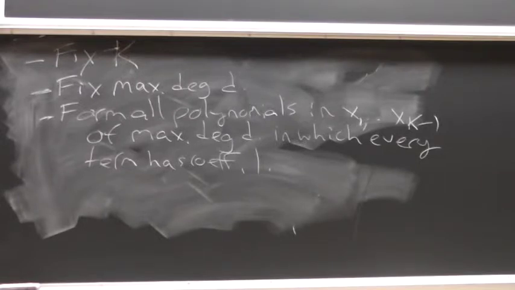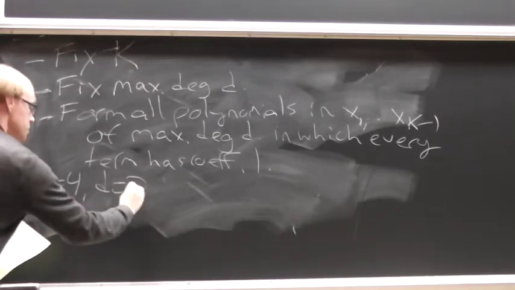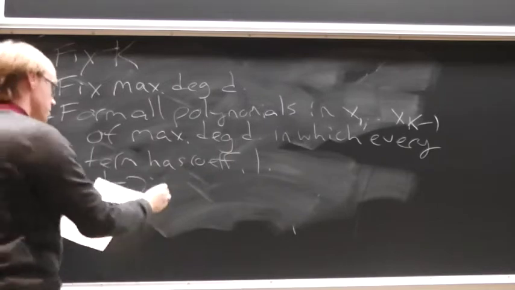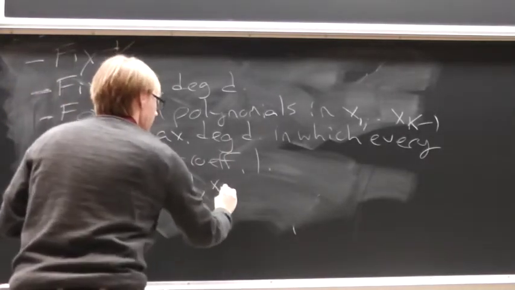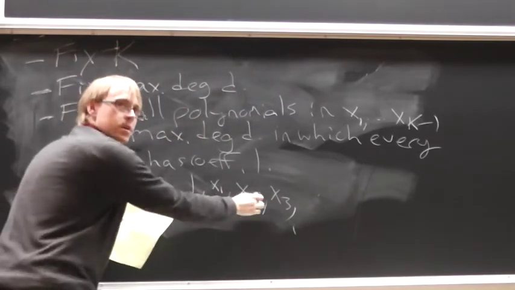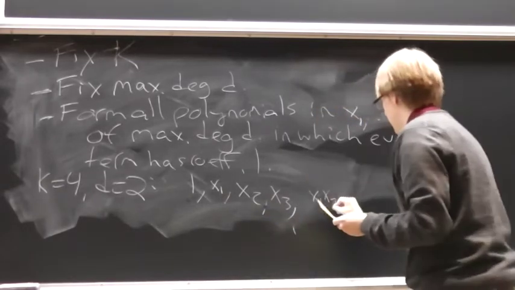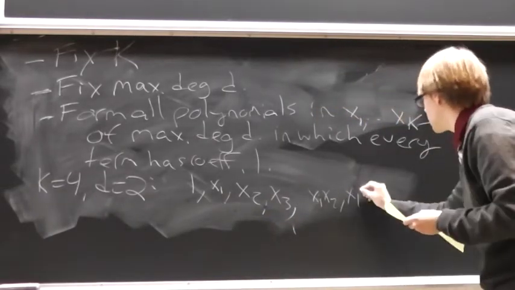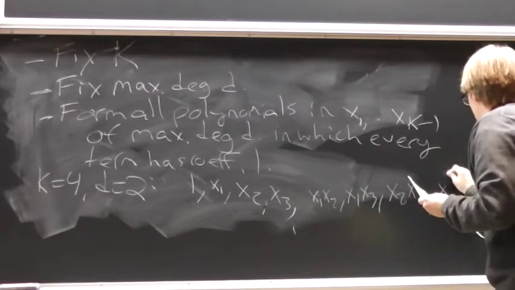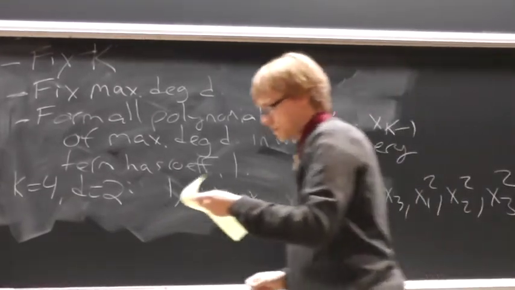So for example, if k equals 4, d equals 2, the possible terms that we can use are 1, x1, x2, x3, so the constant term, the linear terms, and then each possible product: x1x2, x1x3, x2x3, and then x1 squared, x2 squared, and x3 squared.